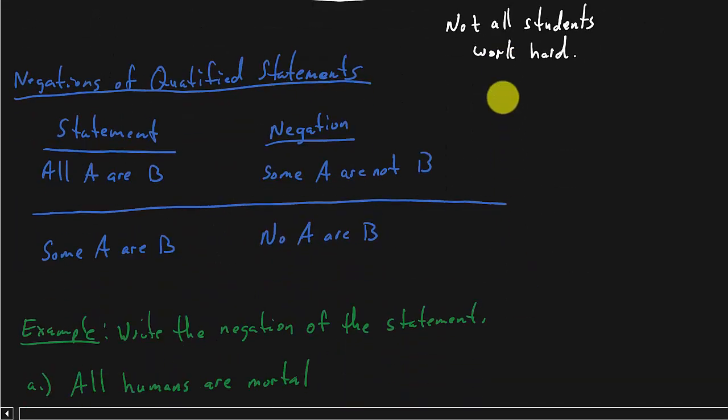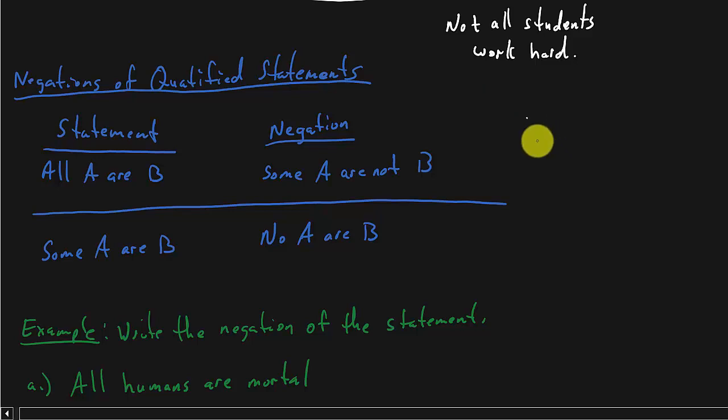Okay. All right, so now we've got negations of quantified statements. Okay, so we've written the negation of statements, but now we have quantified statements. They're going to have all or some or no in them. Okay, so how would we write the negation of them?